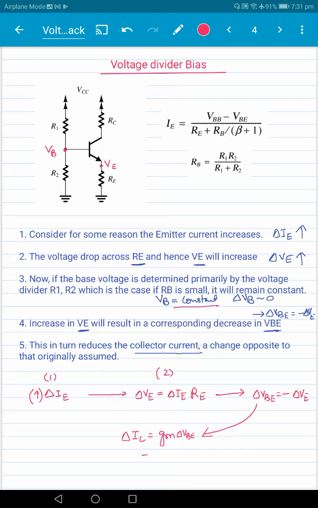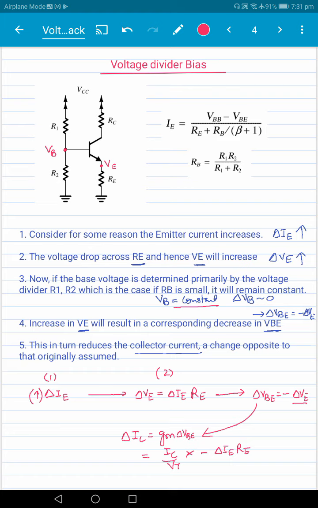So we can put here GM is IC by VT, and delta VBE is minus delta VE, so is equal to minus of delta IE times RE here.